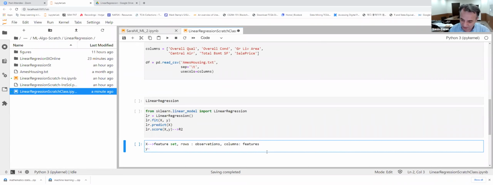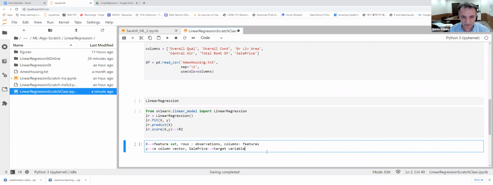Again, it depends on how you define it. y is going to be a vector, a tall column vector. And what is y in our case? It is the sale price. This is the target variable.